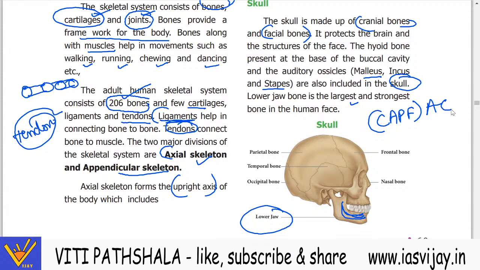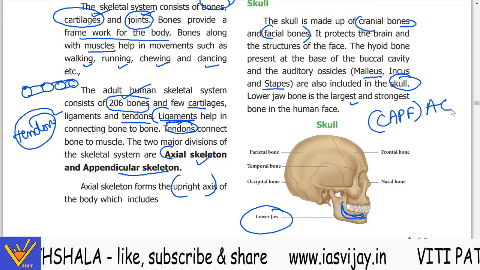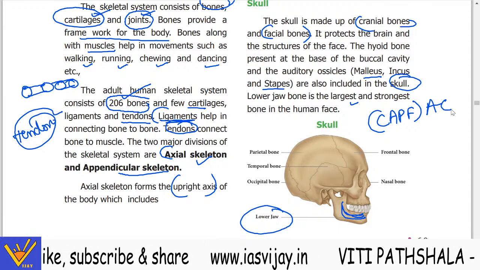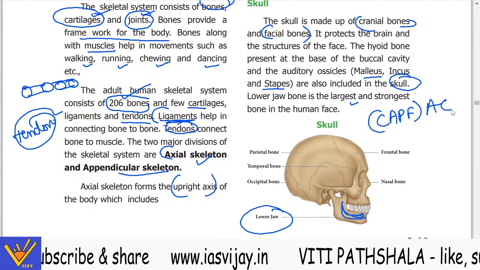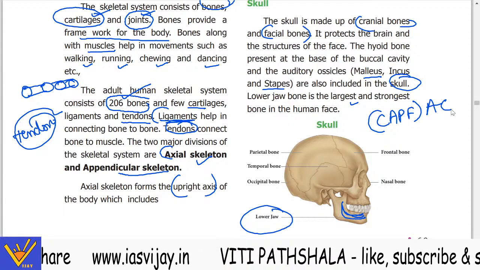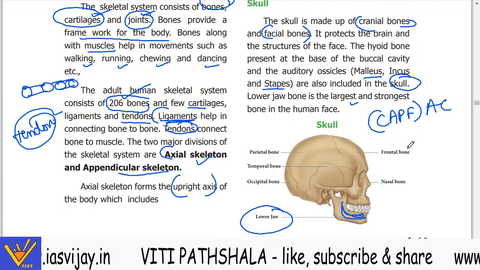If someone is preparing for the CDS or NDA exam, wanting to join the army, for those exams this is important. Such science is important. Lower jaw bone is the largest and the strongest in our human face, remember.